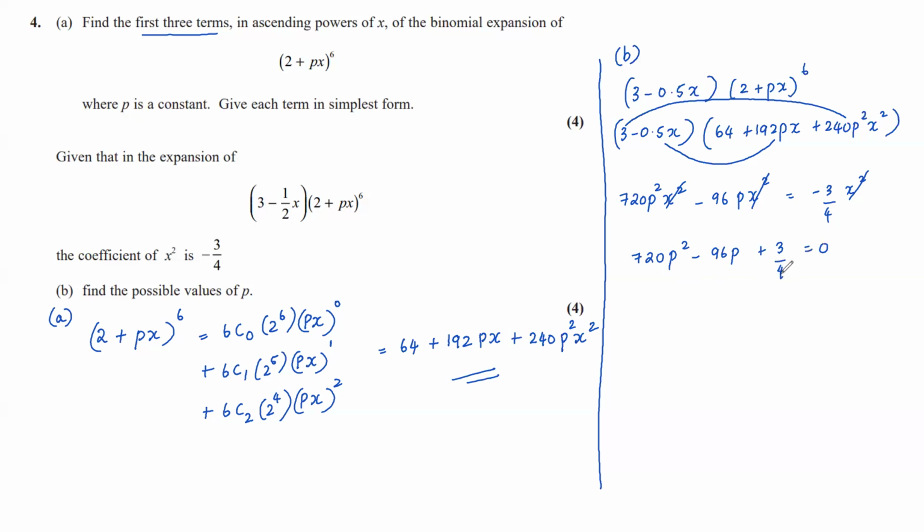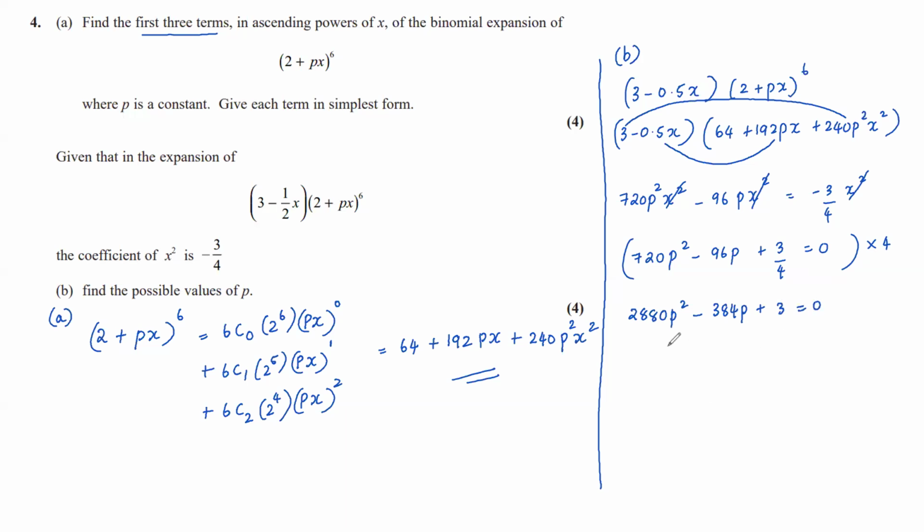To remove the denominator in this equation, we multiply the whole equation by 4. So 720 into 4 will give us 2880p² minus 96 into 4 will give us 384p plus 3/4 into 4 is 3 equals 0.